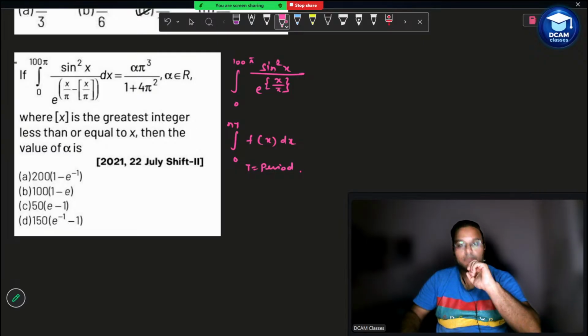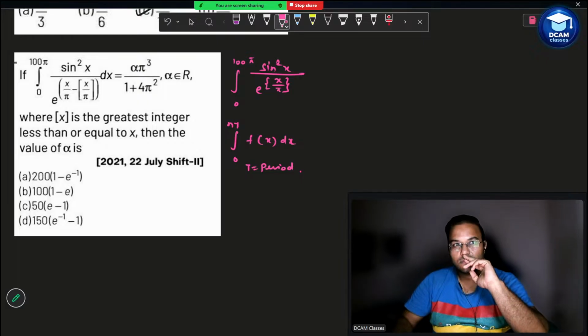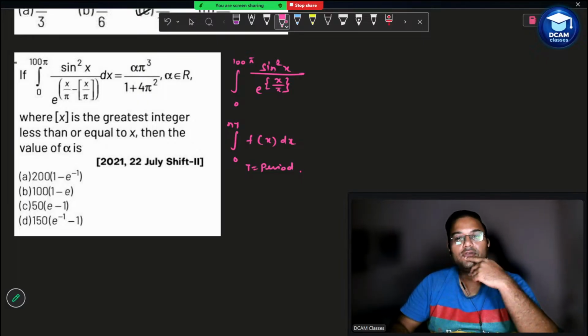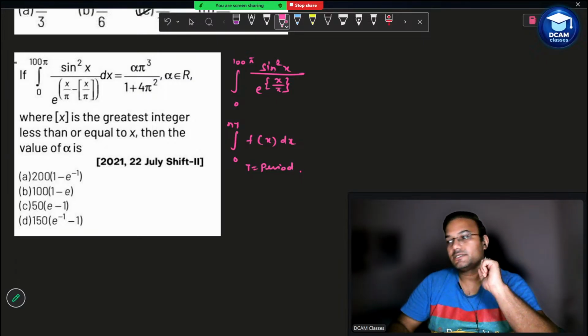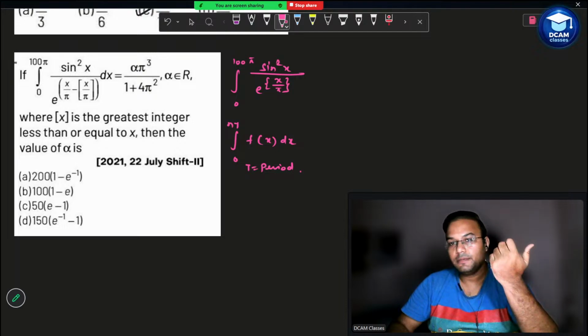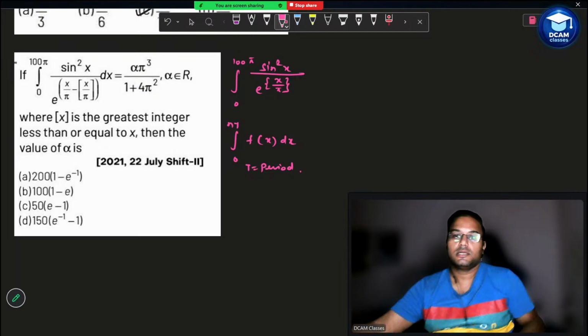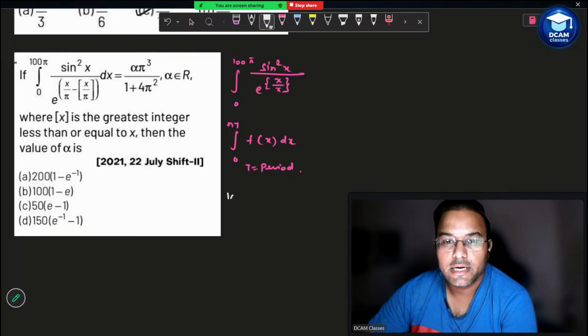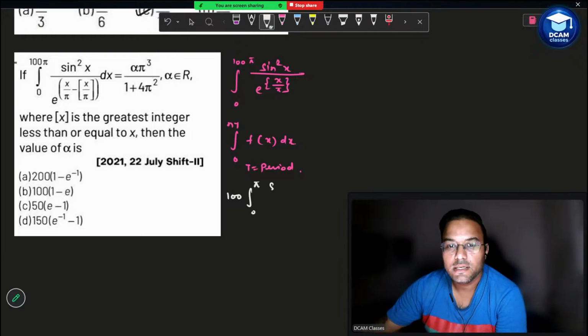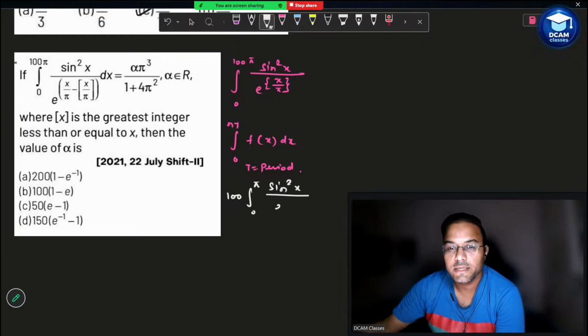Pi plus x would be 1 plus x by pi. Acha, the fractional part of 1 plus x by pi would be x by pi only. Correct, right? So actually, we can write this as 100 times the integral from 0 to pi of sine square x divided by e power x by pi.